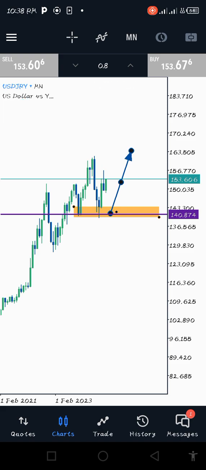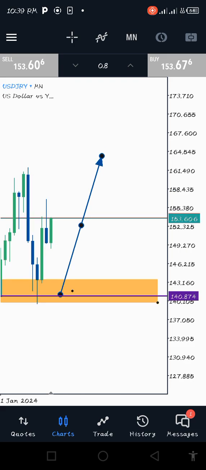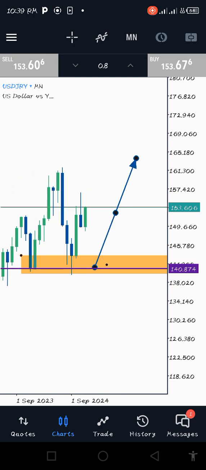So now, we were judging it from an overall perspective. We can now narrow it down to what price is doing currently, what price has been doing lately.